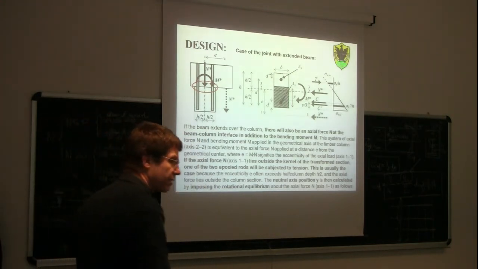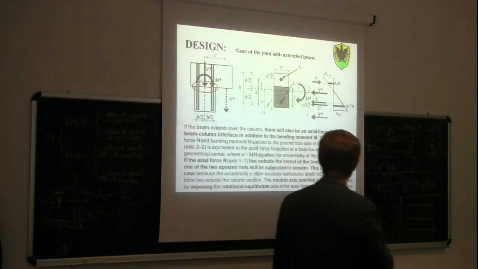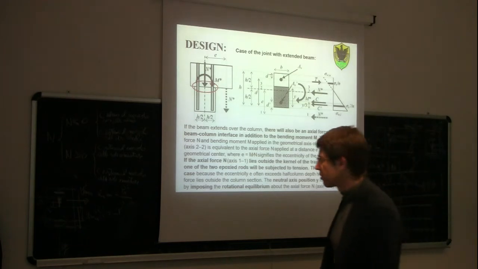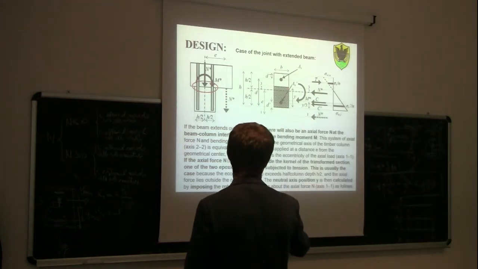Instead, if the eccentricity is larger than 1/6 of the depth, then we have what we call large eccentricity, and the neutral axis will cut the cross-section, so we will have a part of the cross-section which will be compressed, and another part which will be in tension. So the timber will be reacting only in one part of the cross-section.